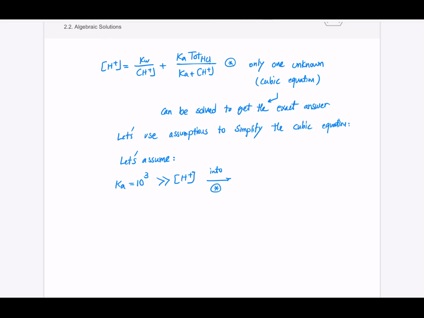Exactly. So in this case, we could say H plus plus Ka is almost equal to Ka. It's a simplification. Just imagine this is 1000 and this is 10 to the minus 1, so 0.1. The combination of this would be 1000 and 0.1, which is fair to say is equal to 1000.